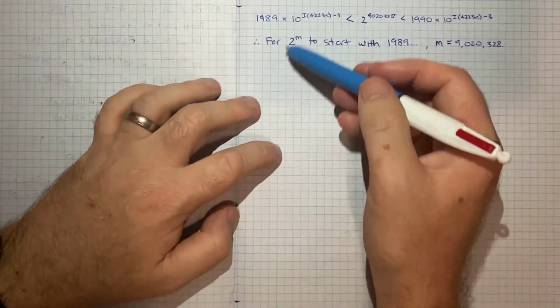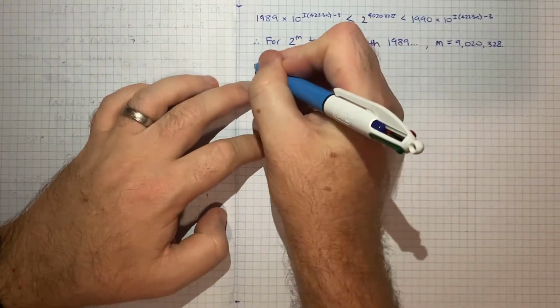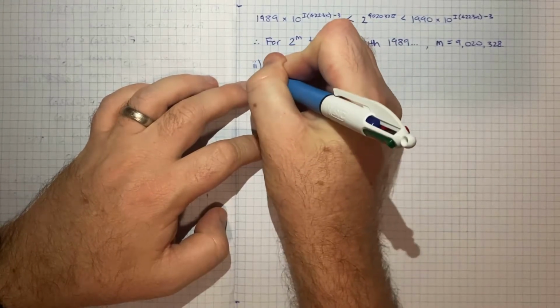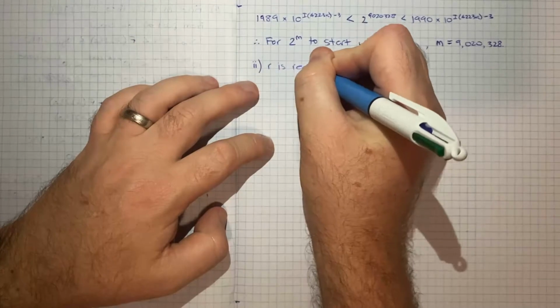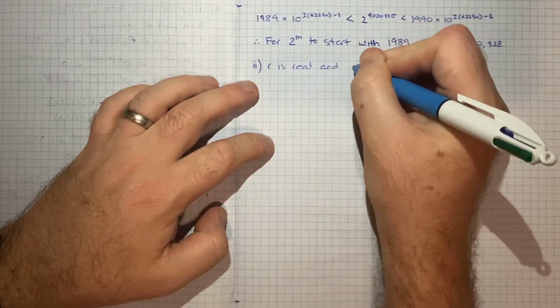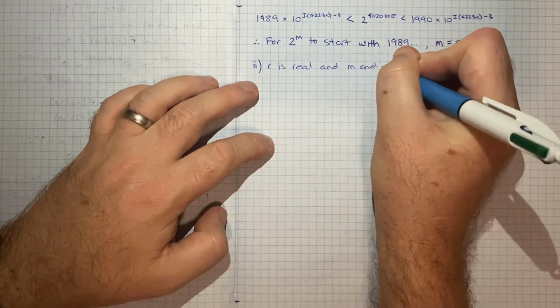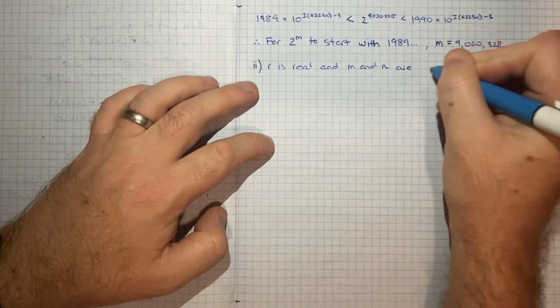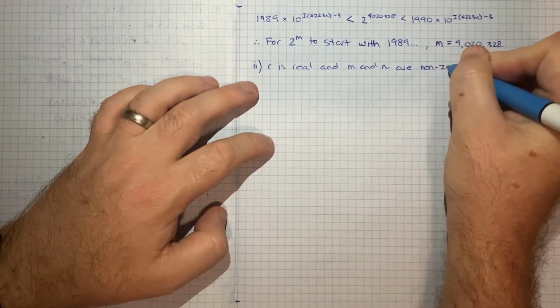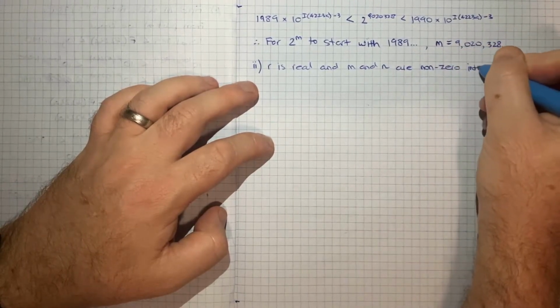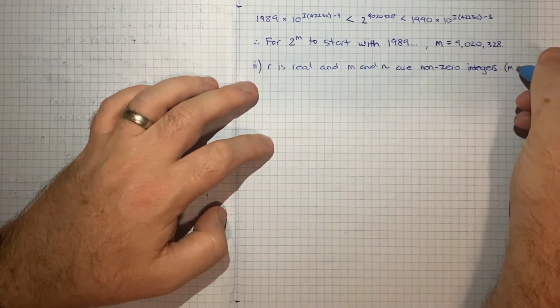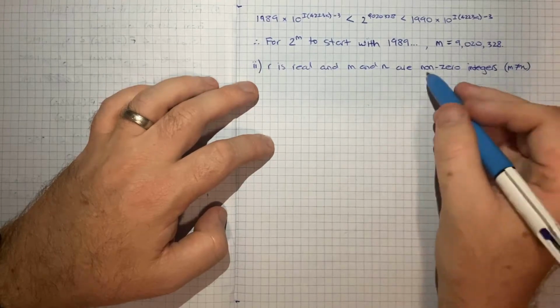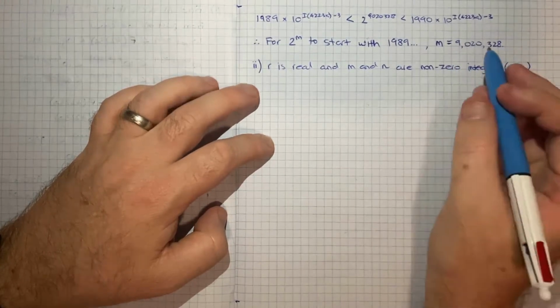So I'll just pick up where I left off in part 1. For this part 2, we're told that R is a real number and M and N are non-zero integers, and we're also told that M is not equal to N. So they're both not 0 and they're both not equal to each other.